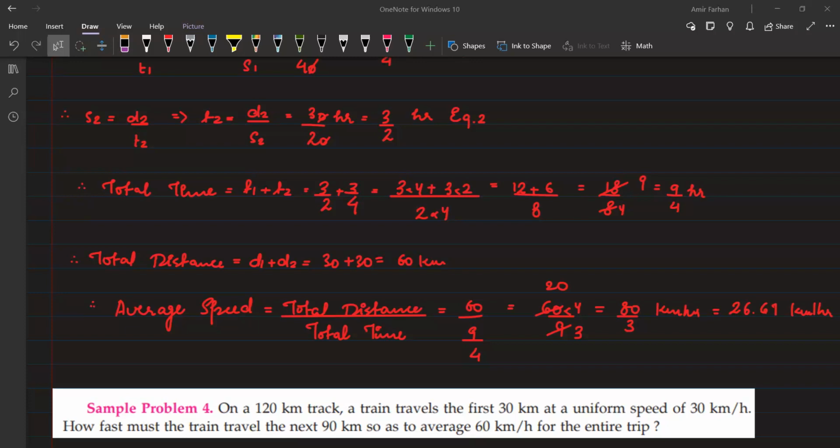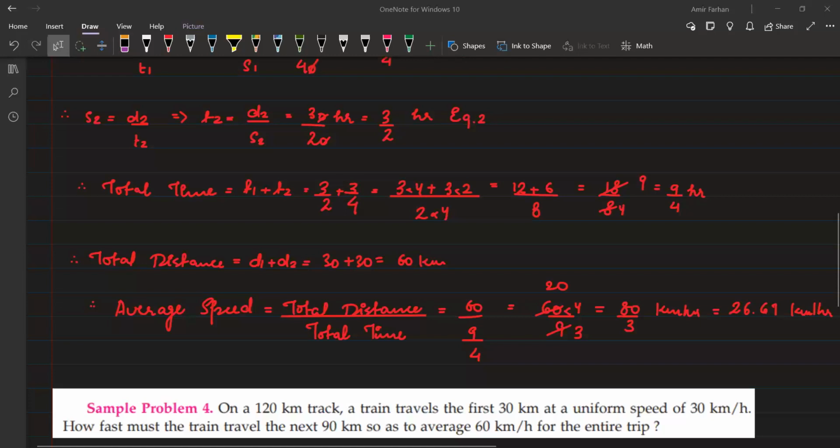So we have to find the average speed. Sorry, everyone.